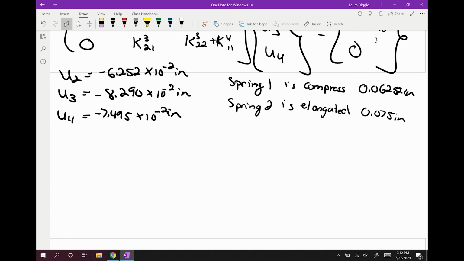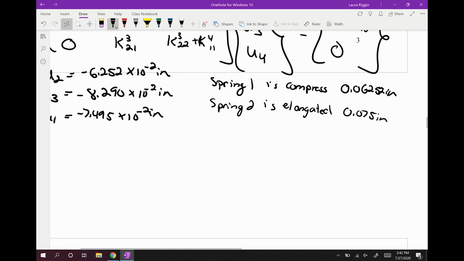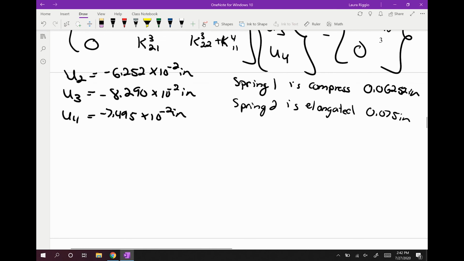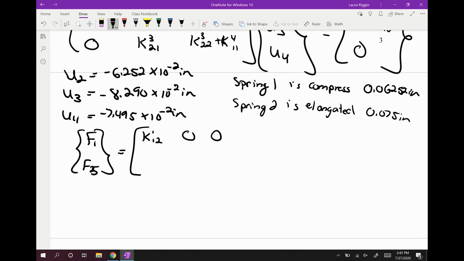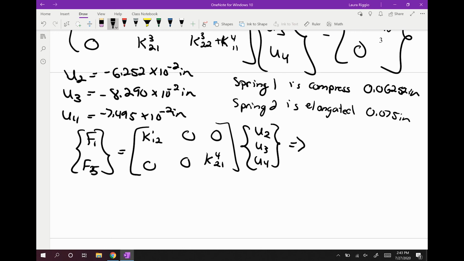To find our unknown reaction forces, we're going to go back and use the rows that we previously eliminated, namely F1 and F5, which are equal to K112, K421 times U2, U3, U4, where I left out columns 1 and 5 again because I would be multiplying by 0.